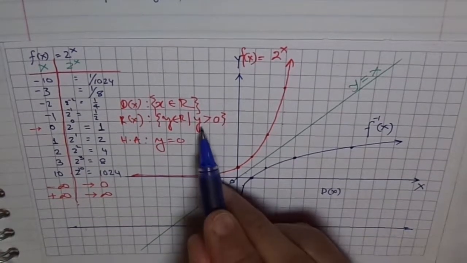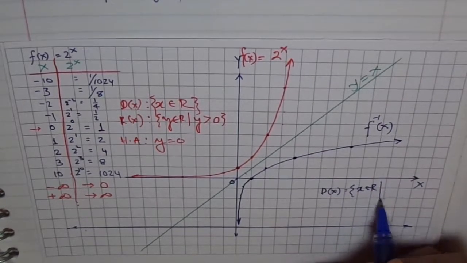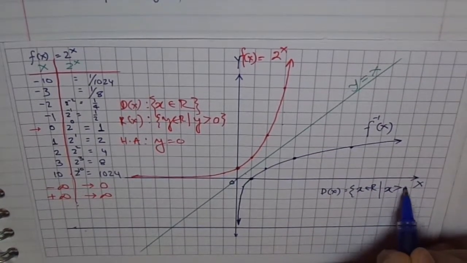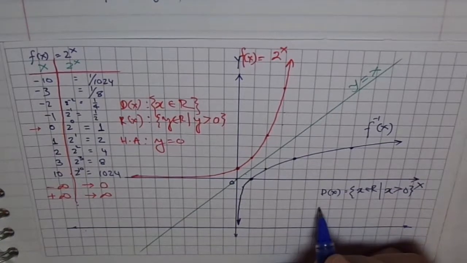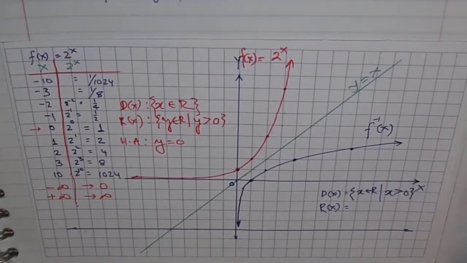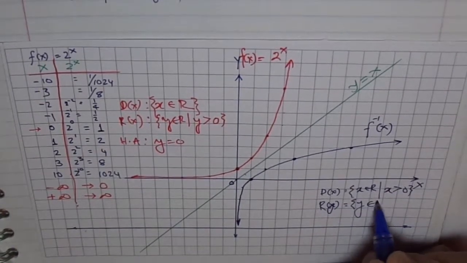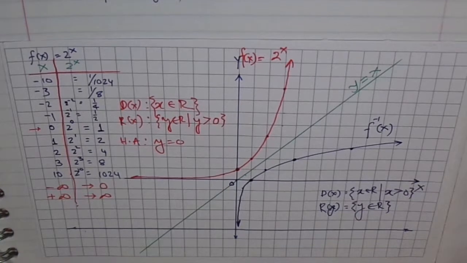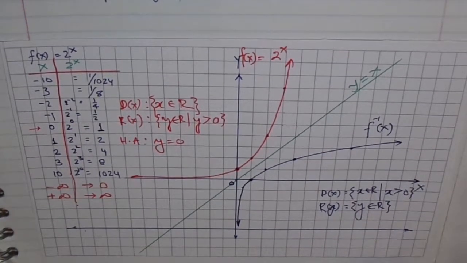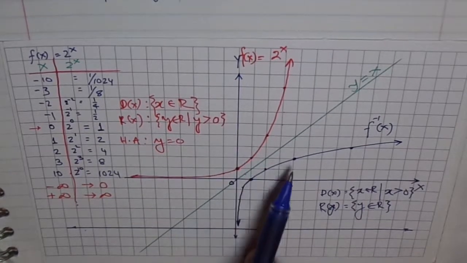Do you see that value? x belongs to real numbers, but x is greater than 0. It is never equal to 0. And how about range? Range is all real numbers. Do you see that? y belongs to real numbers. So that's how we can show how domain flips to range, how the points interchange.